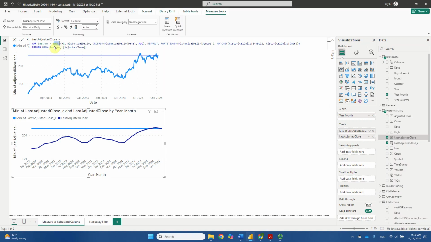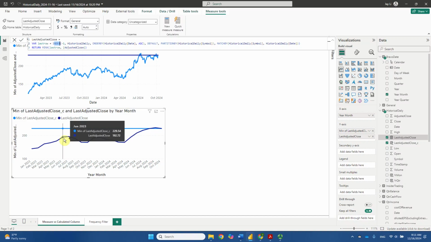So the return value is going to be the adjusted close price on the last trading day of June 2023 for Apple. That's why on this view, corresponding to June 2023, the last adjusted close is 192.72. Okay, that's the adjusted close for the last trading day in June 2023.